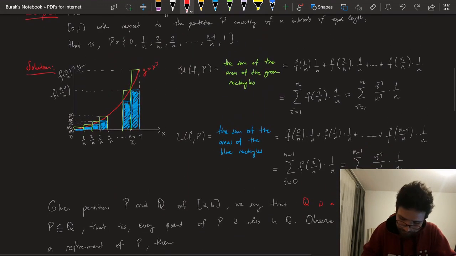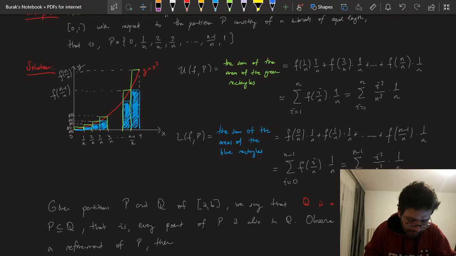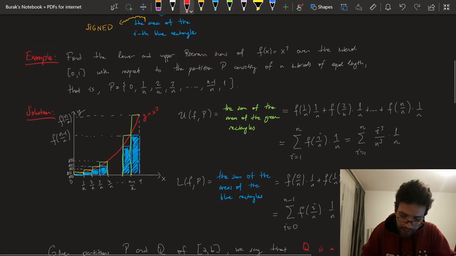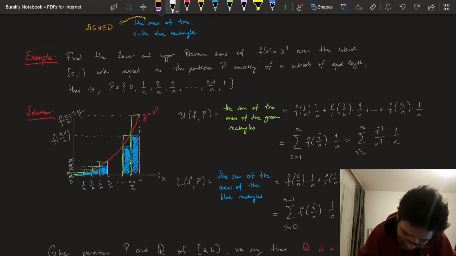So we computed the upper and lower Riemann sums. For this partition, let me name this partition Pn.